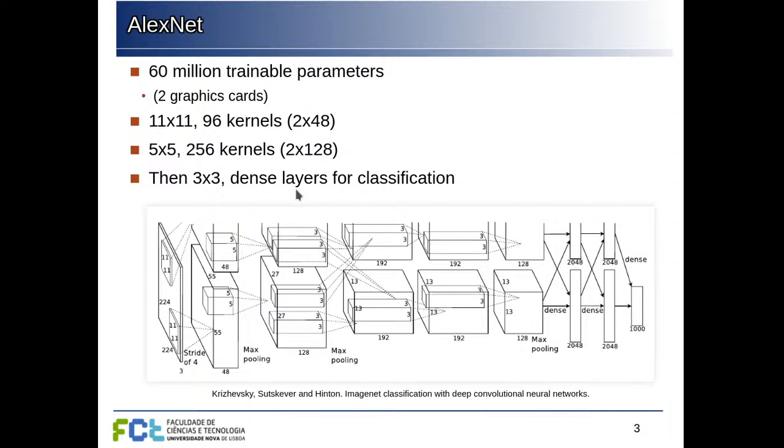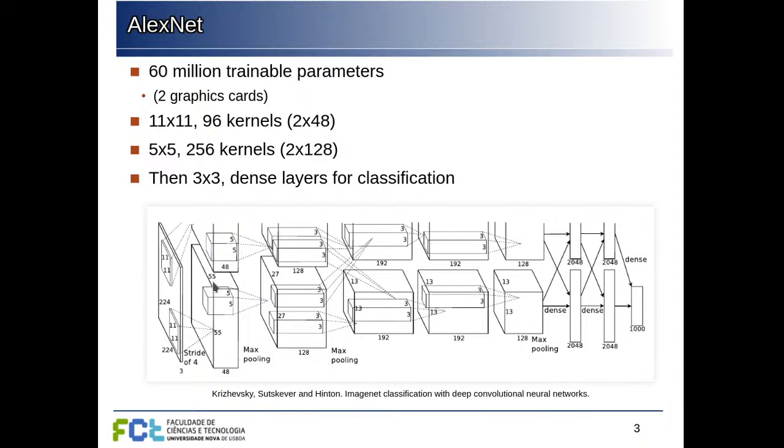I already showed this diagram in the first lecture, but we had not covered the convolutional layers by then. So now we can look at this in a bit more detail. One thing that they had to do, this was in 2012, they had to split the network into two separate channels for most of the network because of memory limitations. So they used two graphics cards.